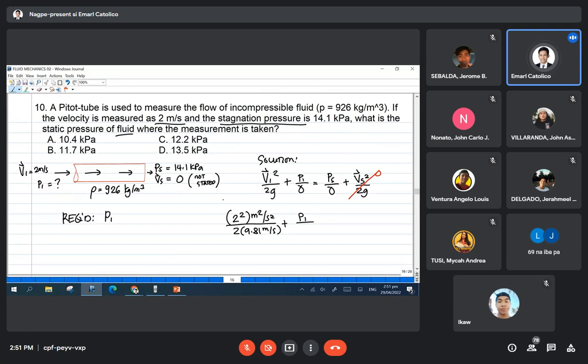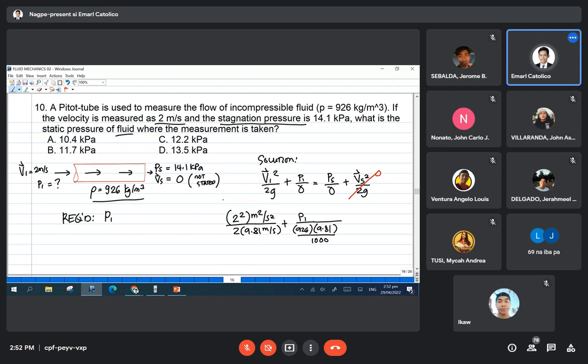Walang sinabi, no? So, pag walang sinabi, gagamitin natin yung density. So, 926 density times gravity, 926 times 9.81. So, ang unit mo dito ay in terms of Newton per cubic meters, divide mo ng 1,000.